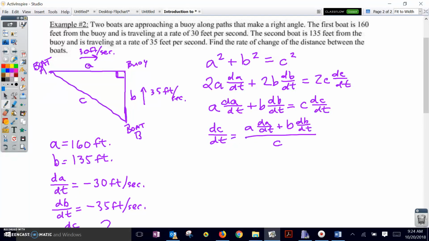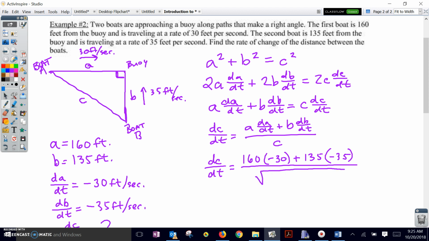Now I want to just substitute the values in to find the value of dc/dt. dc/dt is equal to a is 160, da/dt is negative 30, b is 135, db/dt is negative 35, and c, well, I don't actually have a numerical value for c, but from the Pythagorean theorem, c is equal to the square root of a squared plus b squared.